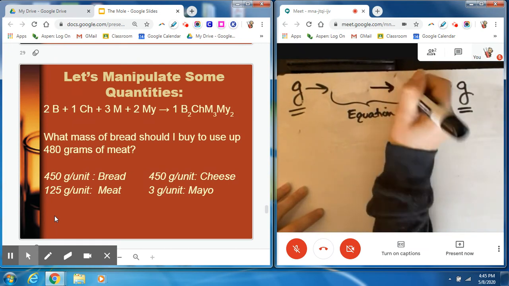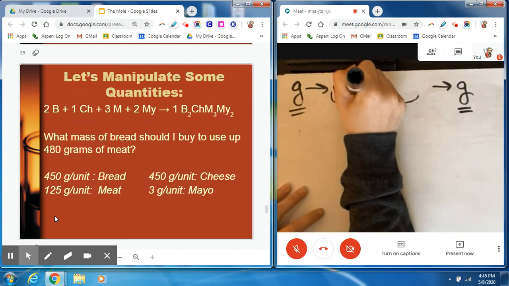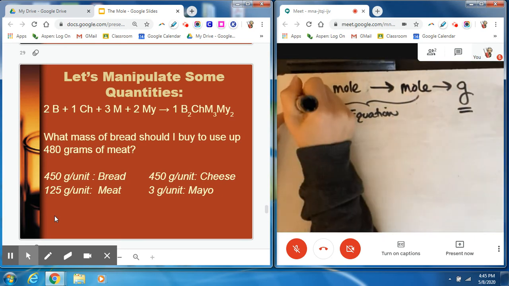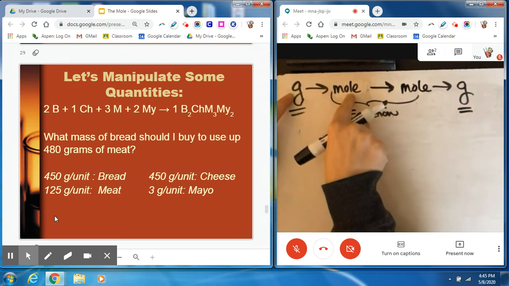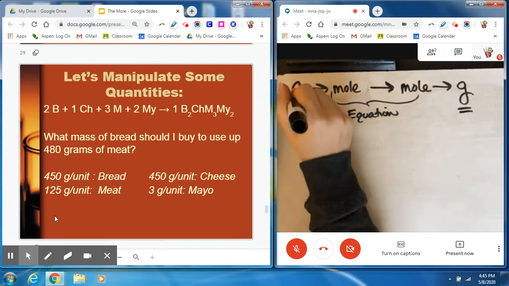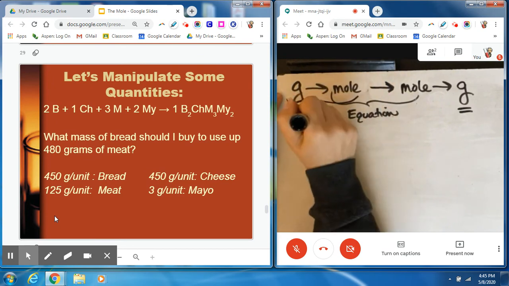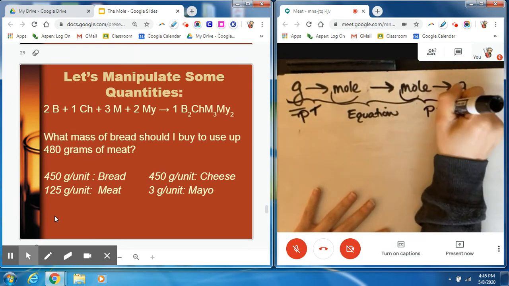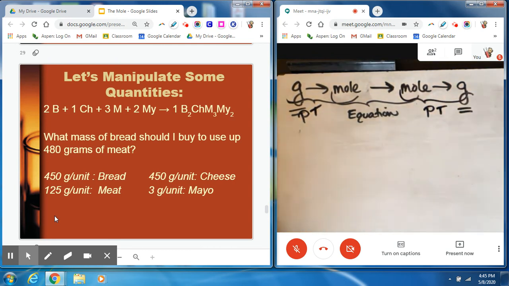Okay? And instead of the relationship of grams to mole coming from the slide, the relationship of grams to mole is going to come from the periodic table. Okay? So let's look at an example together.